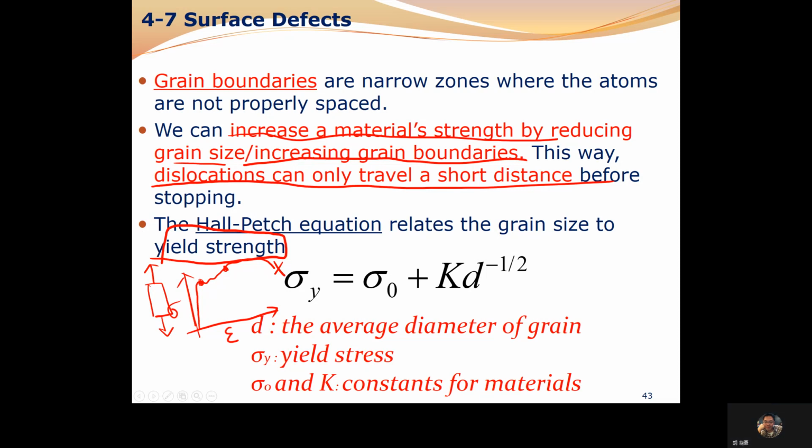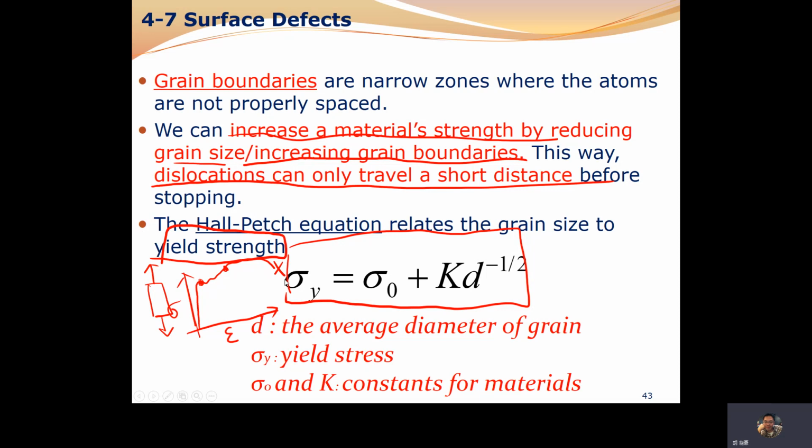Therefore, this equation is coming from experiment. That means we fabricate an alloy or metal, and we measure its grain size by microscope. We observe its grain size via microscope, and we do the tensile test.